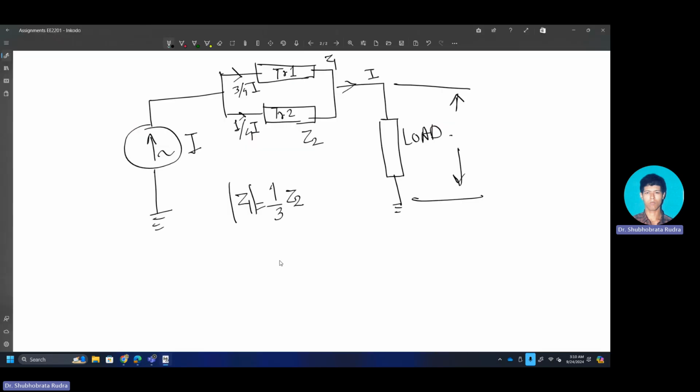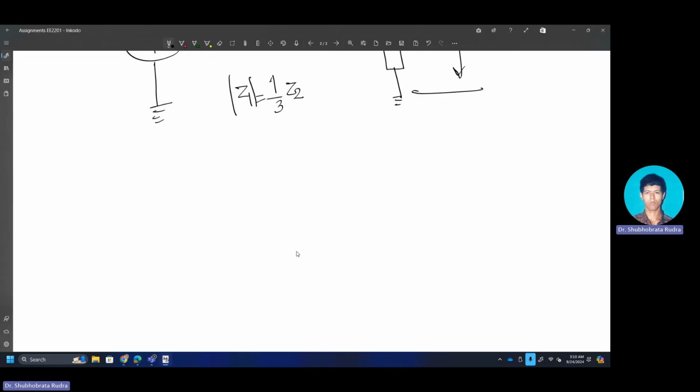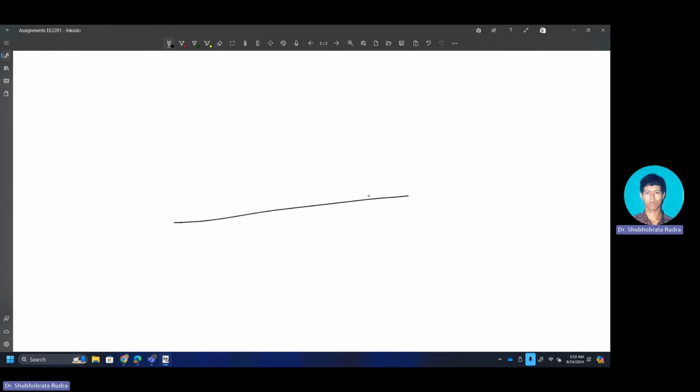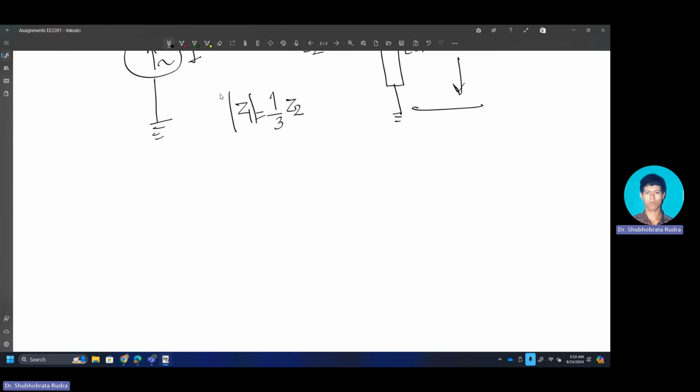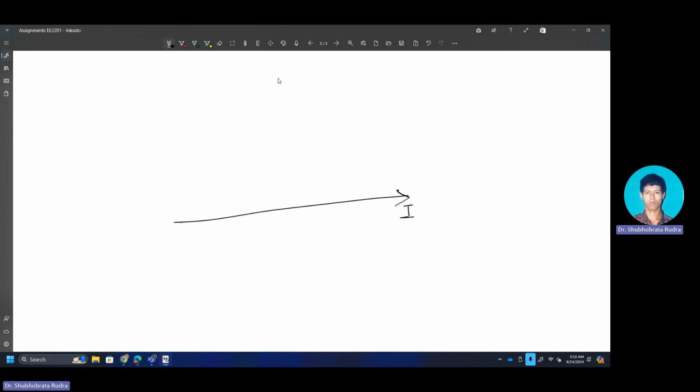If I draw the phasor diagram, that will make our understanding clearer. Say this is my I, that is the load current as well as the source current. Now, how much is my load voltage? How am I getting this? This is theta.